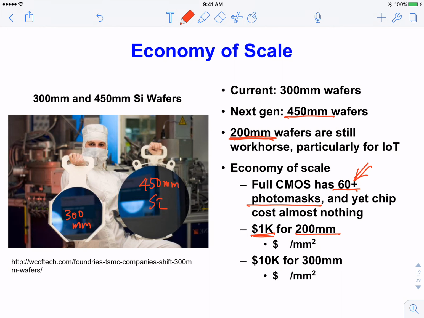Anybody have a calculator? Nobody has a calculator. I have one. Anybody has done that? About 0.013 dollar per square millimeter. So 1 penny per millimeter square.